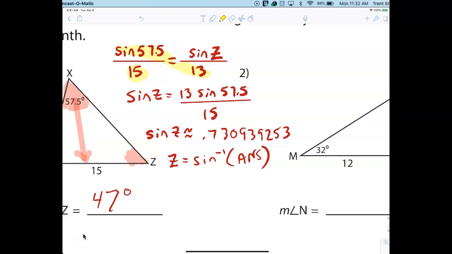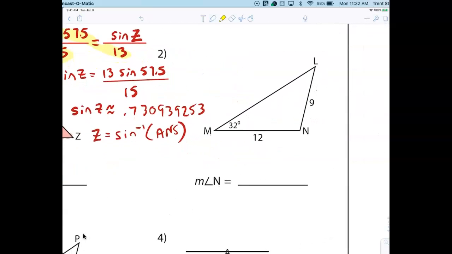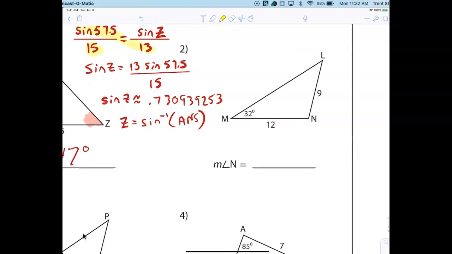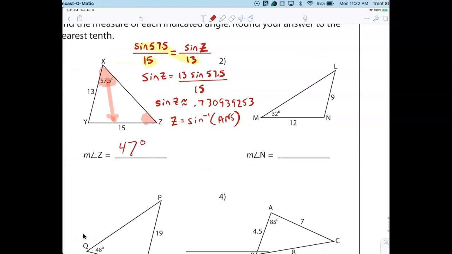All right, now we're going to try one more time. Let's look at number 2. So who's going to set it up? Here we go.